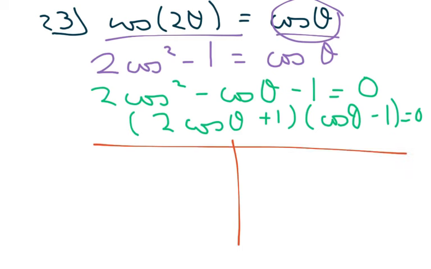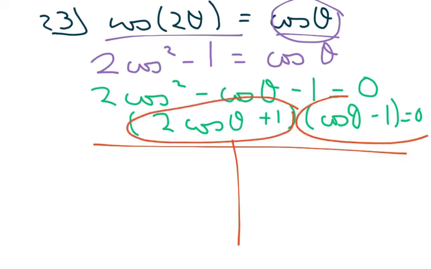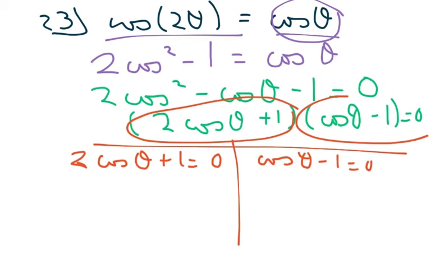Break this up, set both pieces equal to 0. So we have 2 cosine of theta plus 1 equals 0, and cosine theta minus 1 equals 0. In this case here, we get cosine theta equals -1/2, and this one cosine theta equals 1.